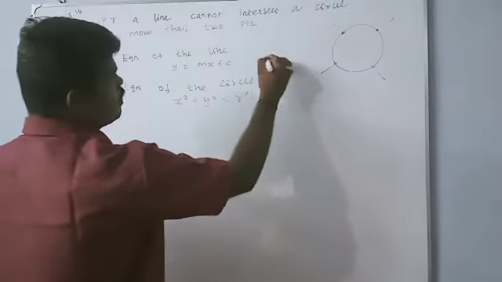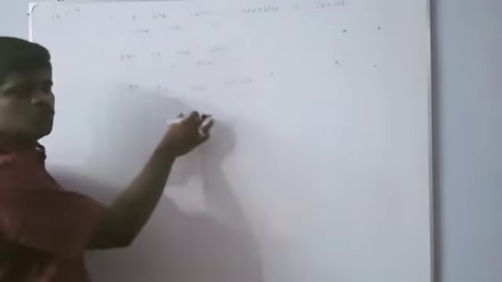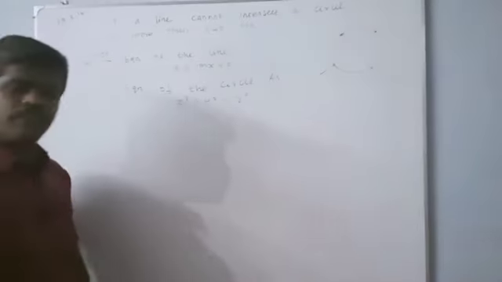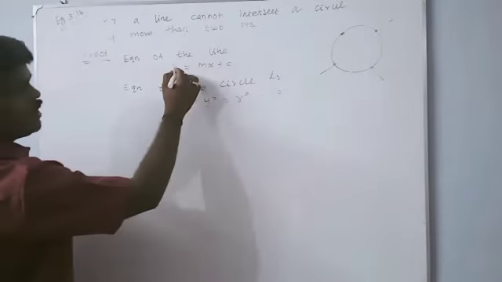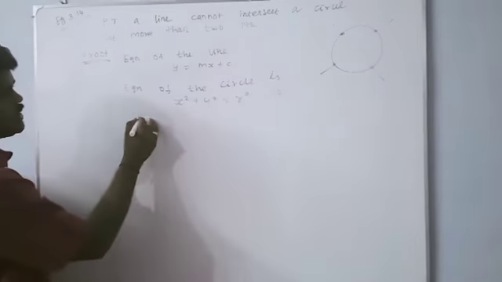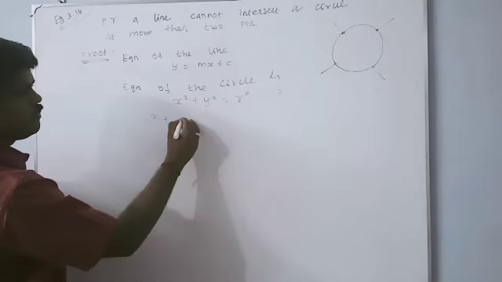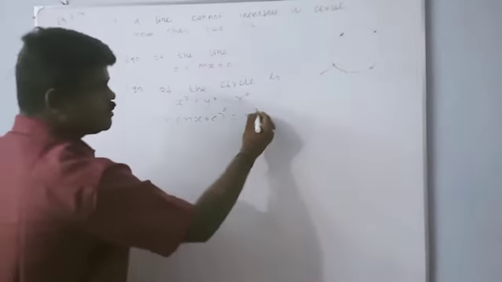This is equation number 1, this is equation number 2. We want to simplify these two equations. Apply the y value to equation 2. What is the value? x squared plus, the y value, mx plus c, the whole square is equal to r squared.